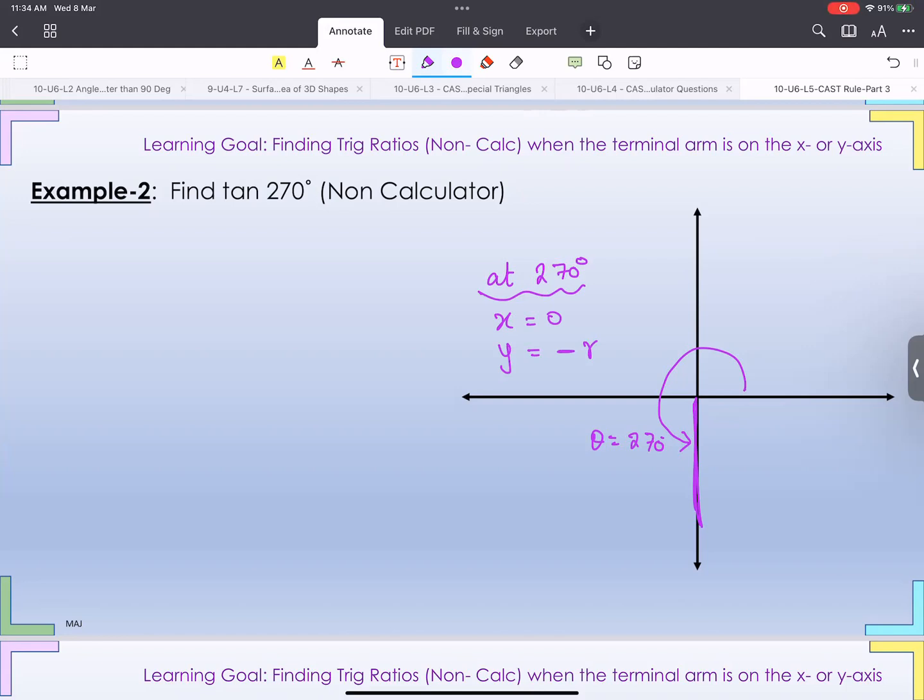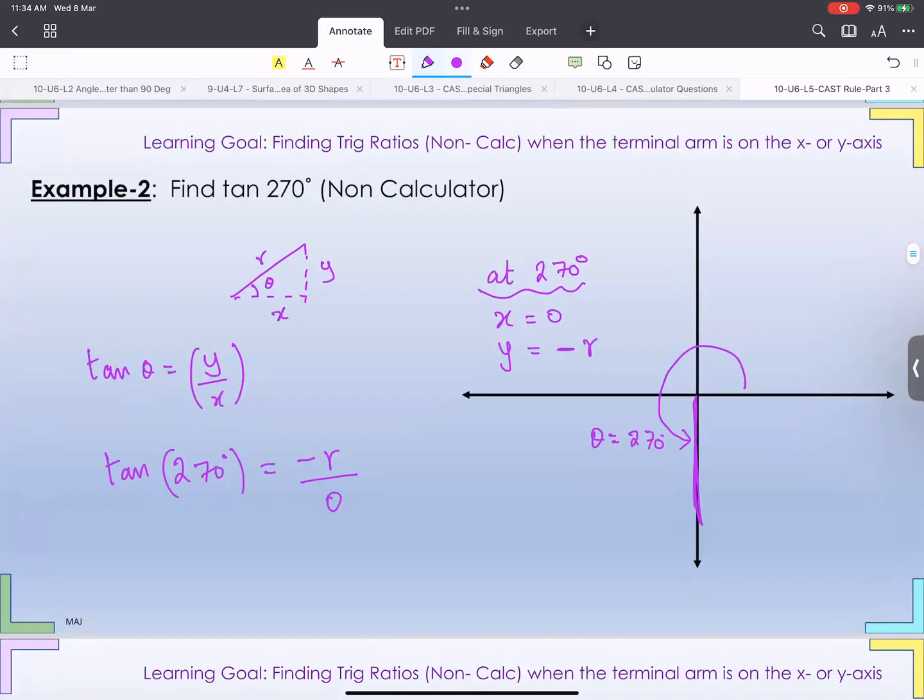And if I have tan theta is opposite over adjacent. Okay. So tan of 270 is the y value, which is negative r, divided by the x value, which is 0. Okay.